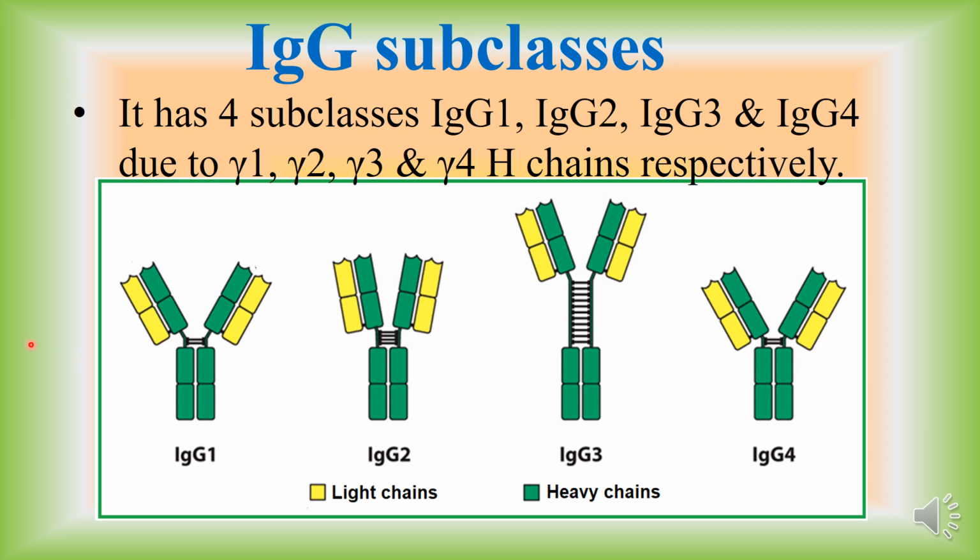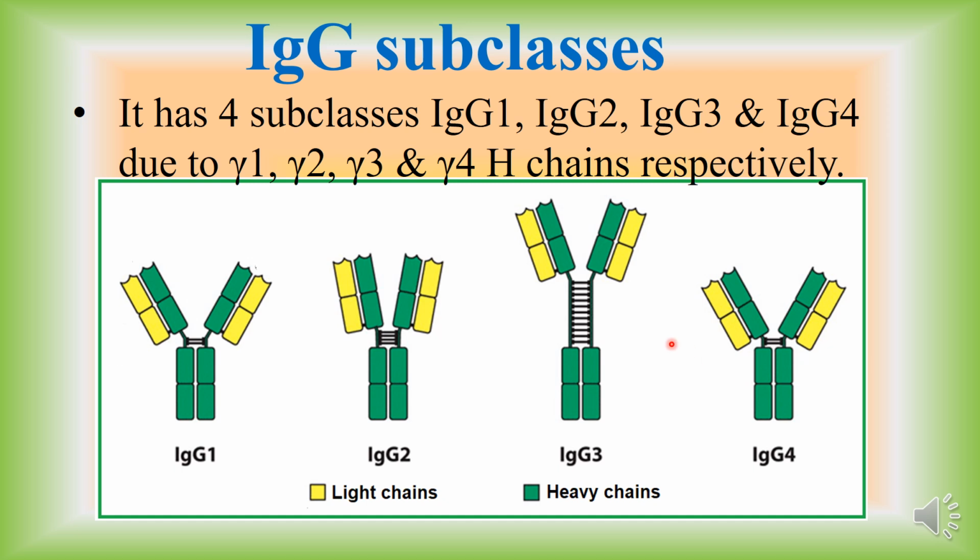As you can see here, the yellow portion of the immunoglobulin indicates the light chains and the green ones are the heavy chains. You can see one particular thing in these immunoglobulins, and that is the length of the hinge region. So this is the hinge region of each immunoglobulin and the length is varying in each subclass.